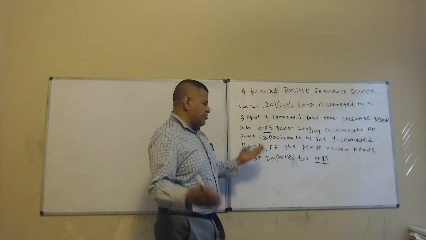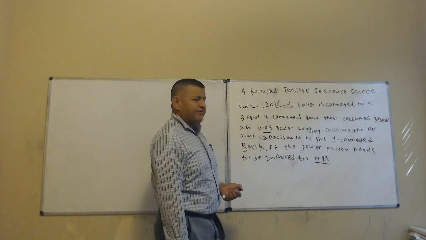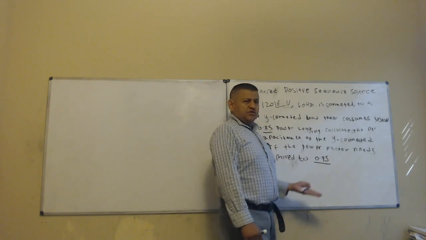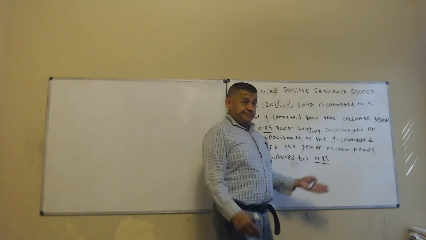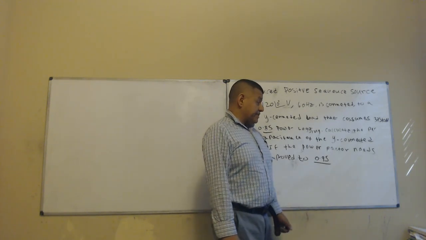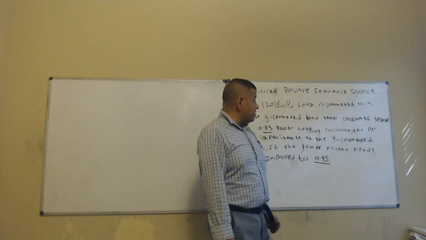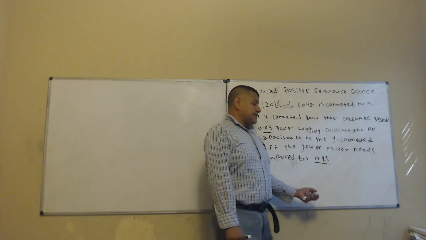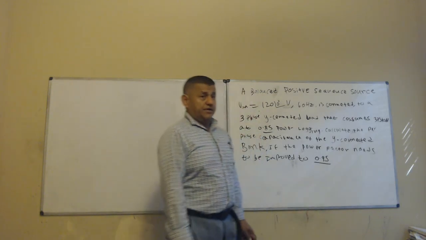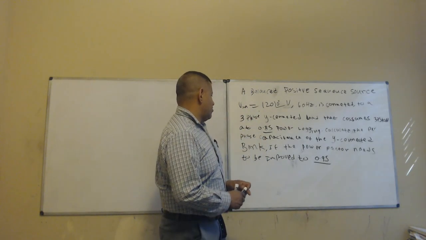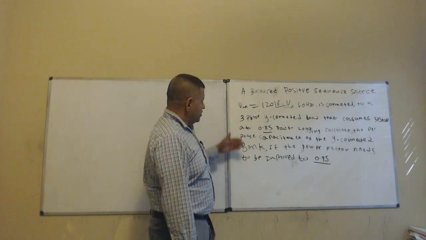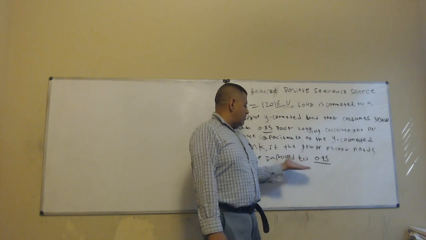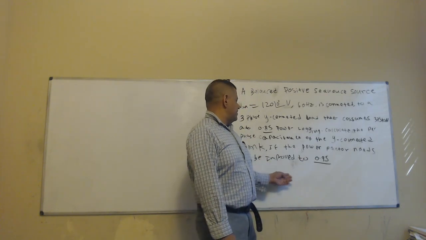If you have just a pure resistive load, there's no angle, so that would be 100%, a power factor of one, which would be perfect. But obviously, reality doesn't work that way. That's why the power factor varies between 0 and 1, right?